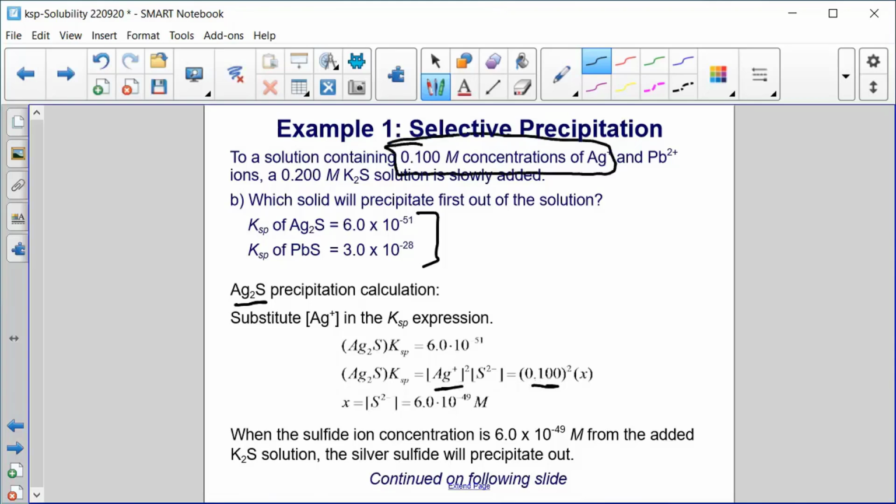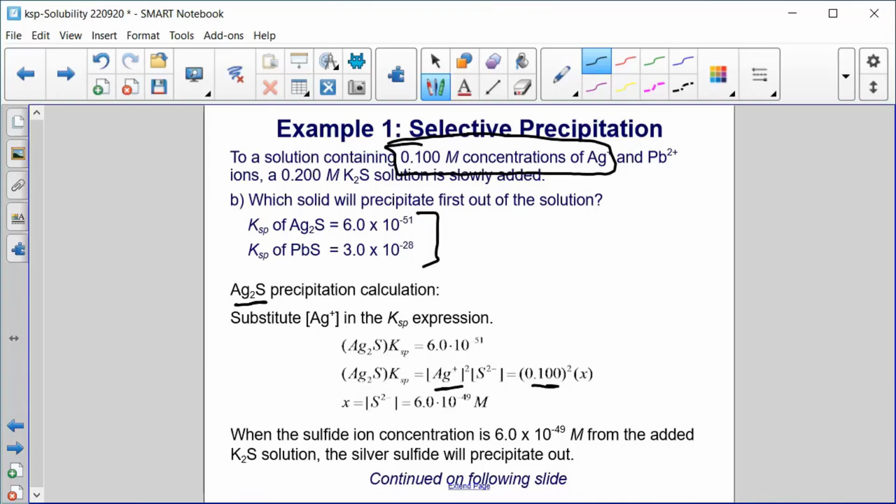It would be 0.1 squared, given the Ksp expression. And then we don't know the concentration of the sulfide, so I've just put X for that. And I set it equal to the Ksp value of 6.0 times 10 to the minus 51.